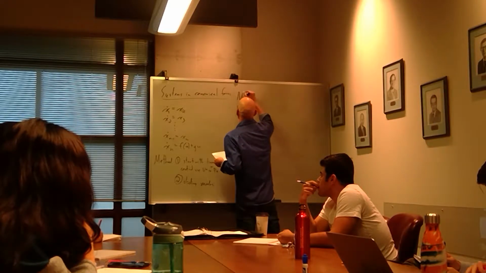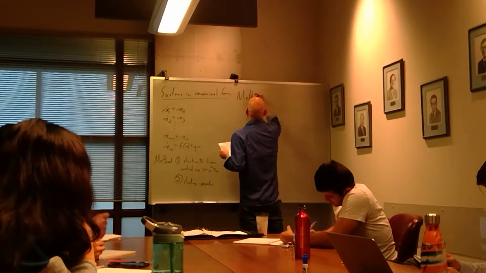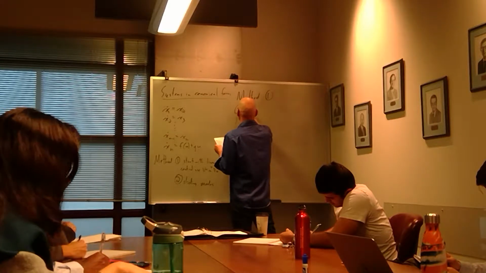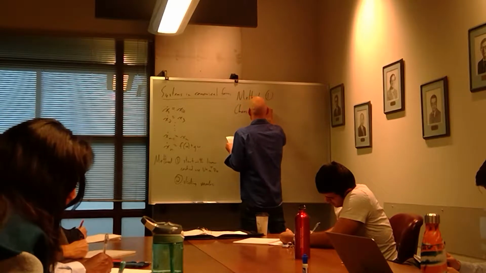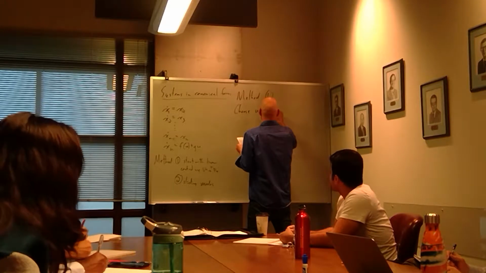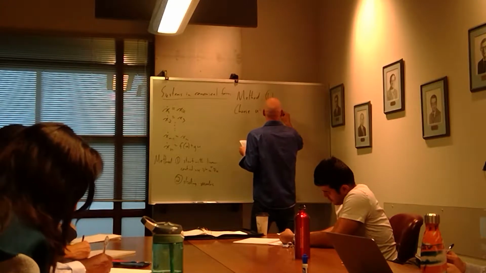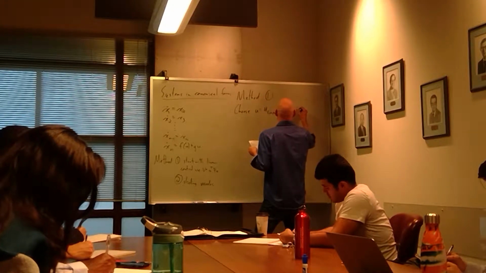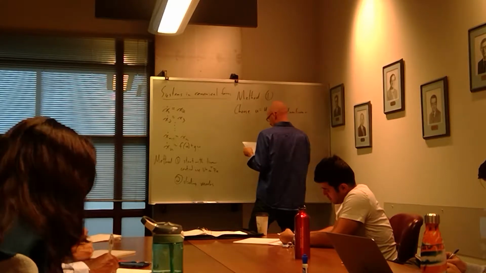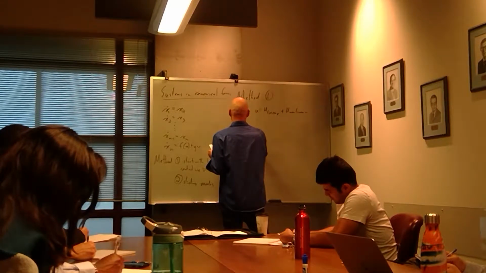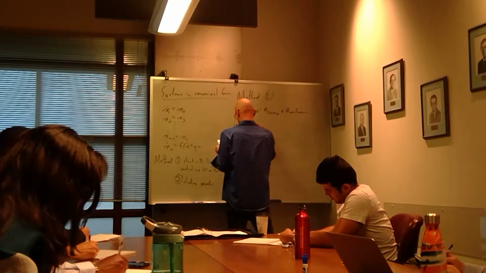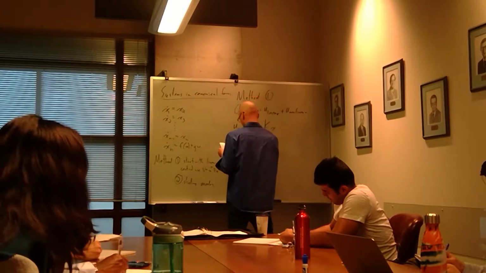So method one, I'm going to choose u equal to u linear plus u nonlinear, and u linear equals negative Kx.